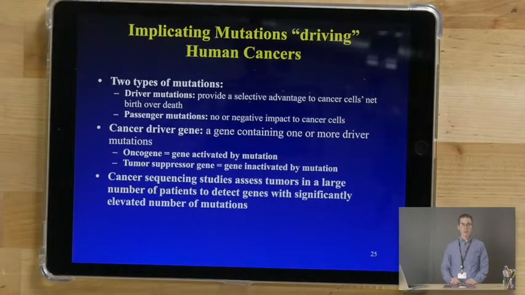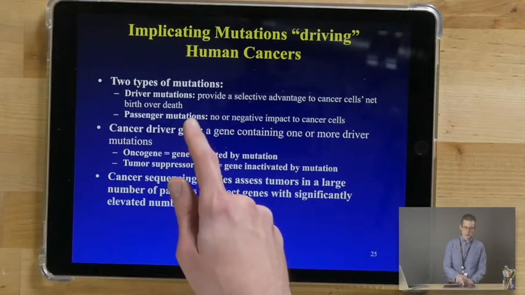So this brings us to the key distinction, which I alluded to a little bit in the last module, that there are two types of mutations we're going to think about. We're thinking about driver mutations. Those are the cancer-promoting mutations that provide a selective advantage for cancer cells to grow more than they die, so they help the tumor eventually grow.